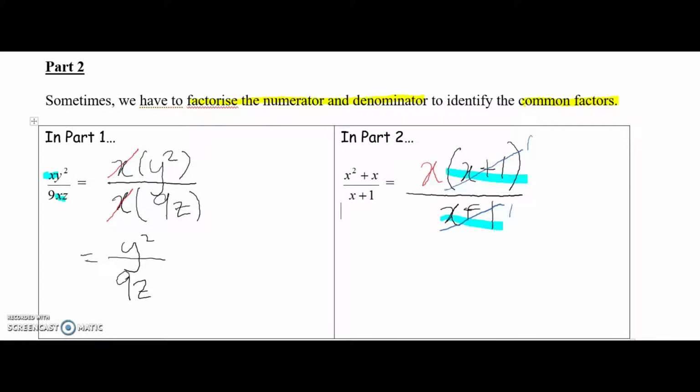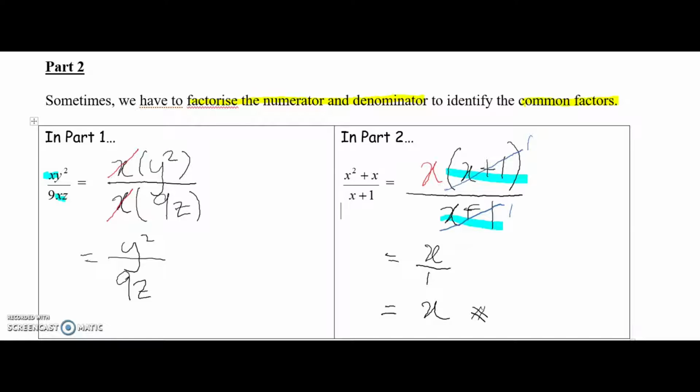So therefore, the remaining factors for the numerator is x times 1, which will give us x, and the denominator is 1. Therefore, when we simplify this algebraic fraction, we will get x.